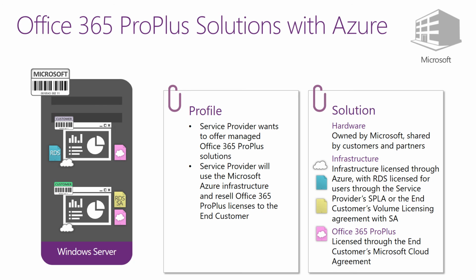And as before, RDS is part of the solution, and you can see that I've put a couple of options on the diagram here. For the grey end customer, the service provider has reported RDS SALs for the users in the end customer through his SPLA agreement, whereas the green end customer actually has RDS user CALs with Software Assurance, and he's allowed to assign them for use in this scenario.